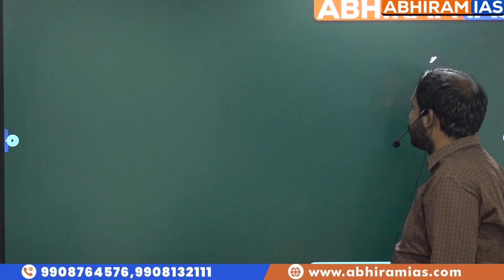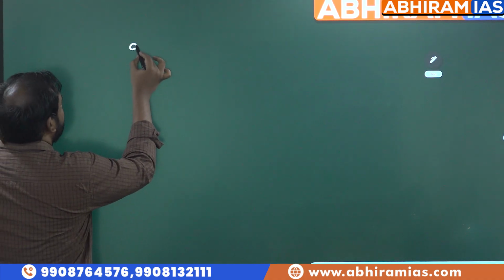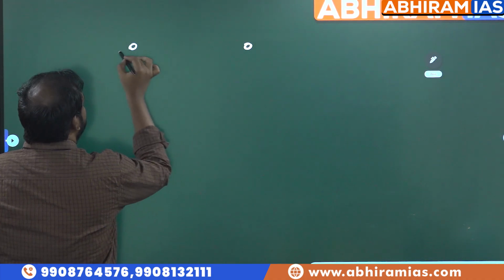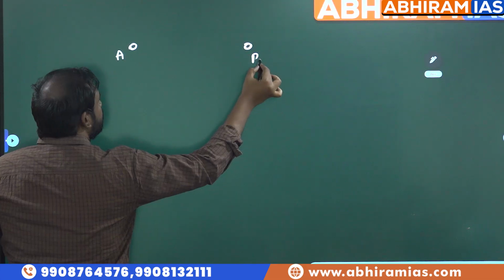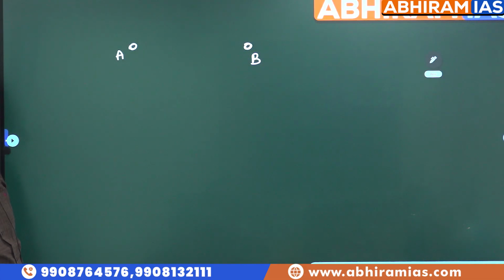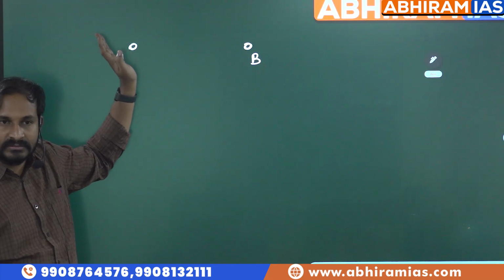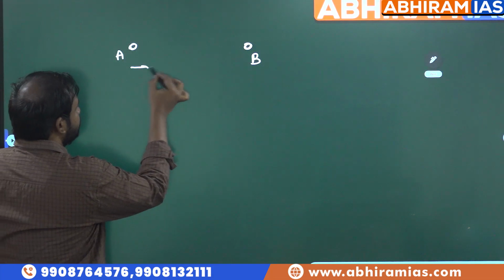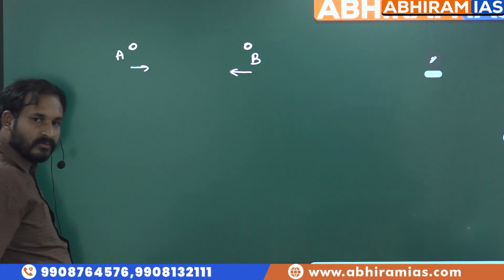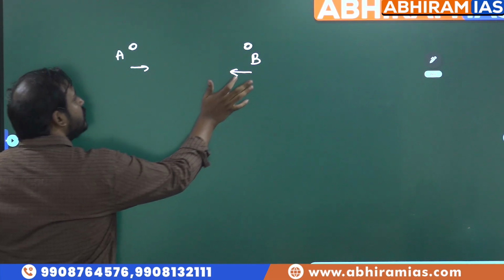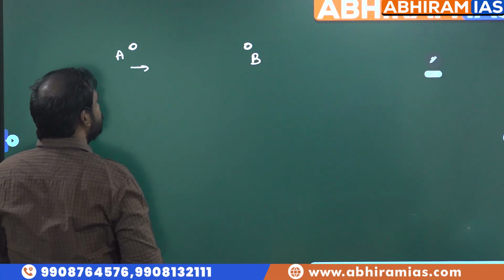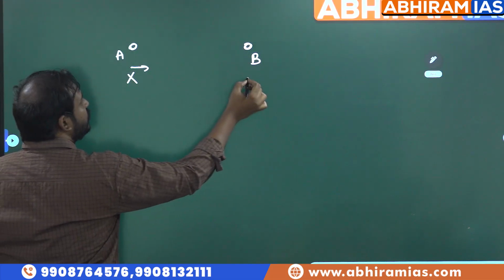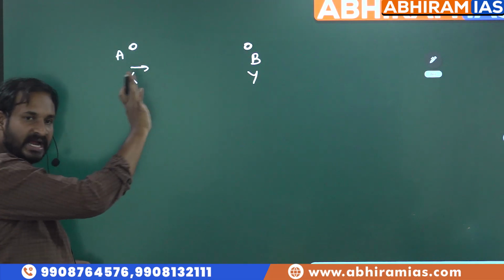Now we will take an example of that relative speed, students. Assume that there are two friends standing at two different points A and B. First, I will assume X is a person moving towards Y. Y is standing idle.